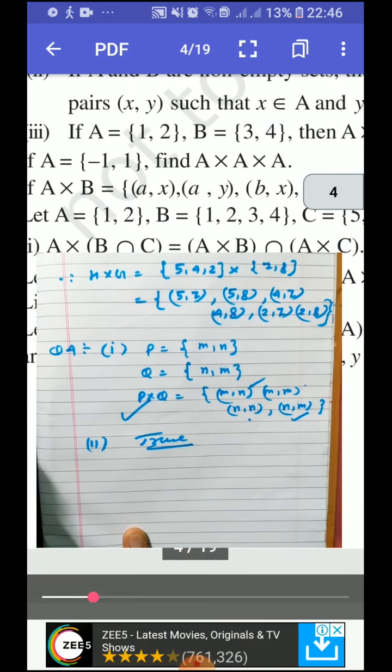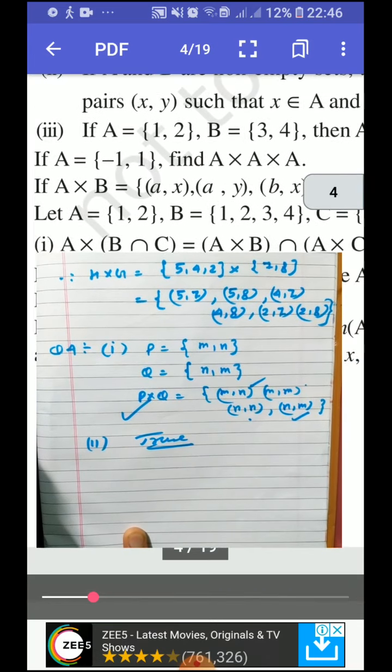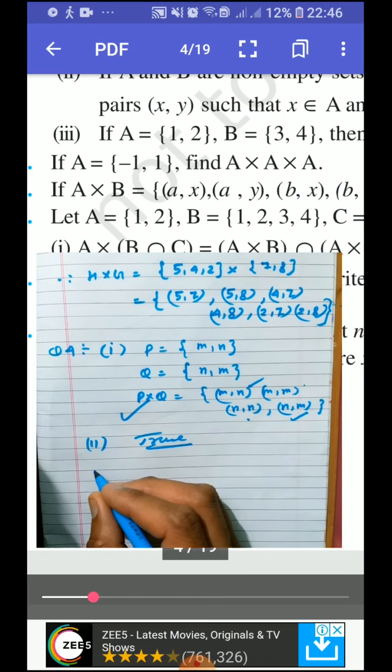Third one: set A has elements 1, 2, set B has elements 3, 4. Then (A Cartesian B) intersection phi equals phi. Let us see whether it is true or false.